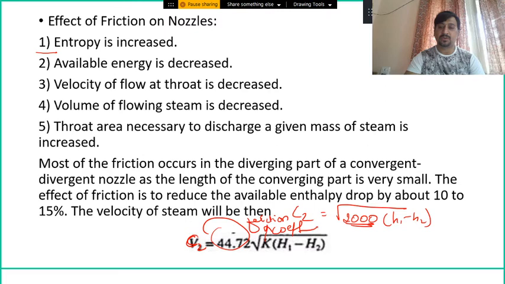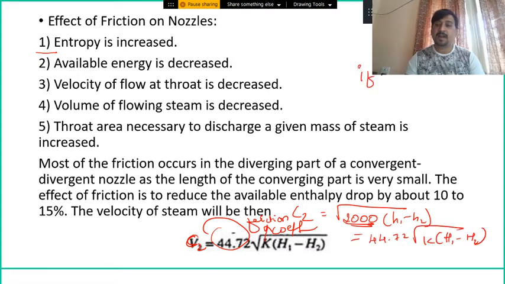This friction reduces the available enthalpy drop by 10 to 15%. This is the velocity of steam if I neglect C1, then this equation holds good.